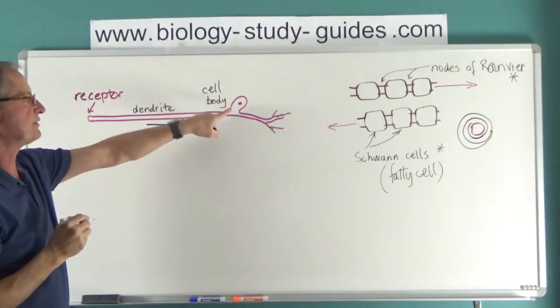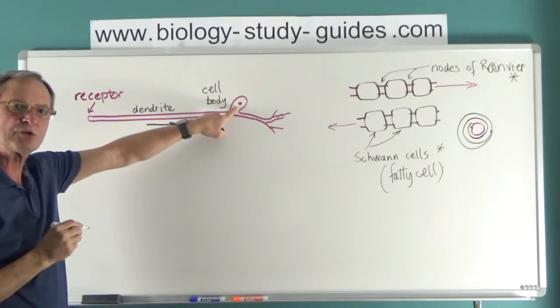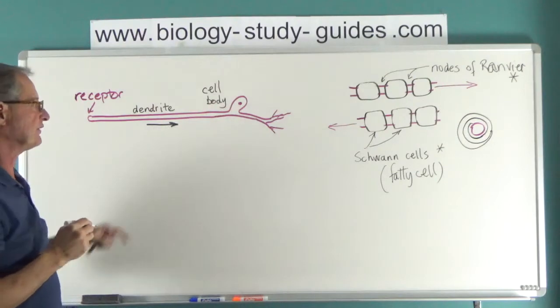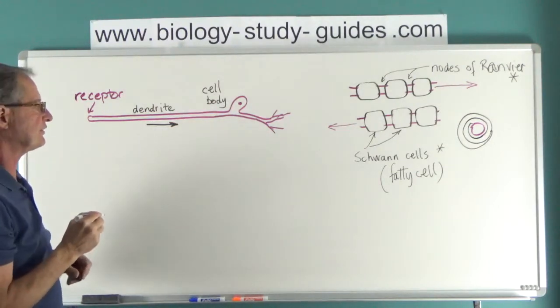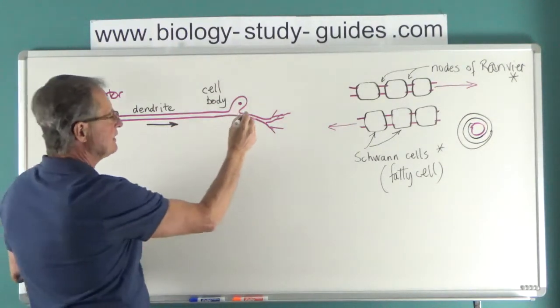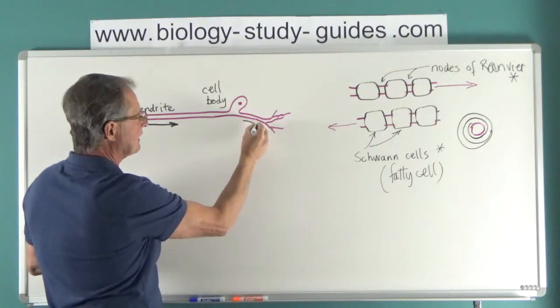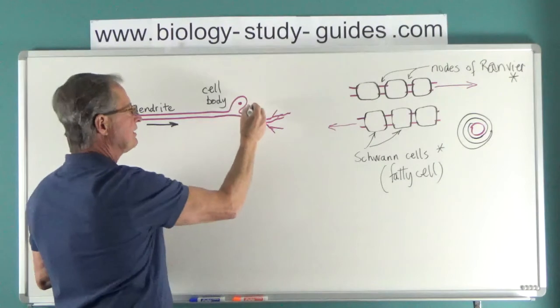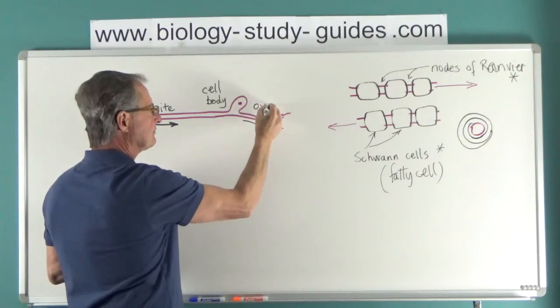The cell body is the part of the neuron that has the nucleus in it, and it controls nuclear function, or the nerve cell function. These parts here that conduct an impulse out of, or away from the cell body, are called axons.